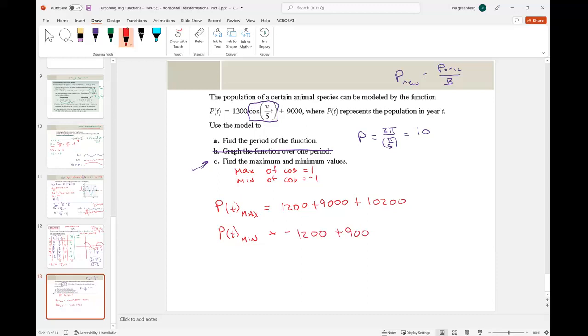Oops, I put the wrong sign there. Which equals 7,800. So there's my max and min. I don't really have to think about the whole equation. I just have to know that since I have a cosine function, I only have a max and min of that. And so I can plug those in. And then I have an answer.